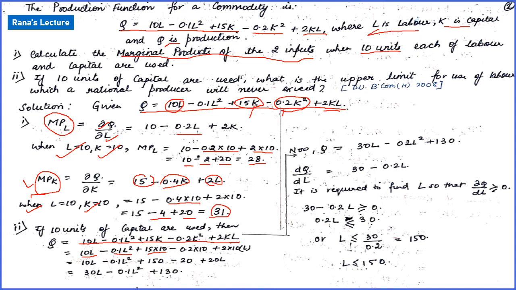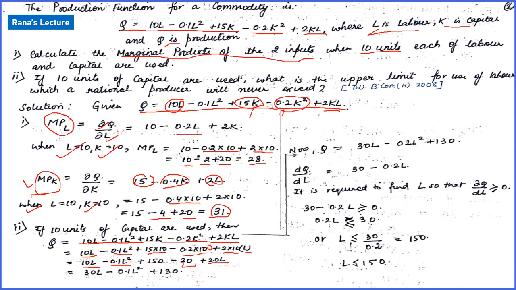So this will be 0.2 into 10 into 10, this becomes your 100, and this is 2 into 10L, right? What is the result? This will be 10L, this will be 0.1L square, this will be 150, this will be your 20, and this will be 20L.